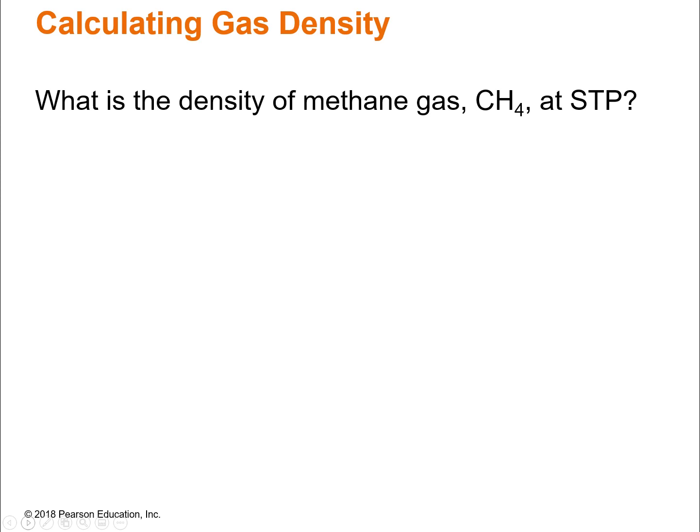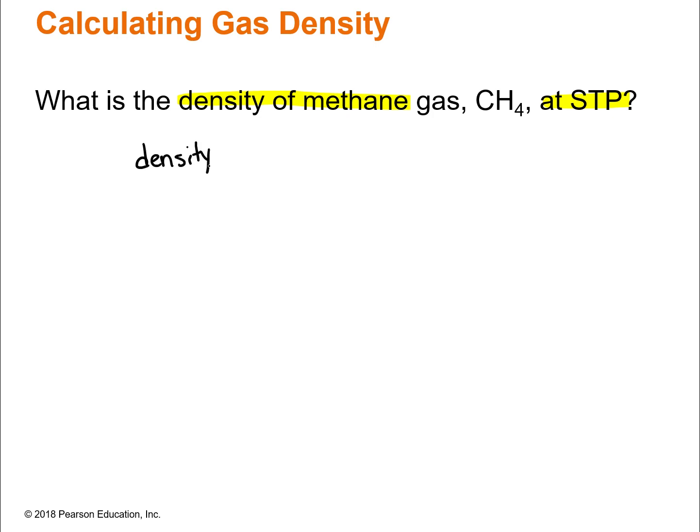What is the density of methane gas at STP? Sounds scary, right? Because we don't have any numbers at all. We know we need the density of methane at STP. When you see density and STP, that means that you can use our new little equation.